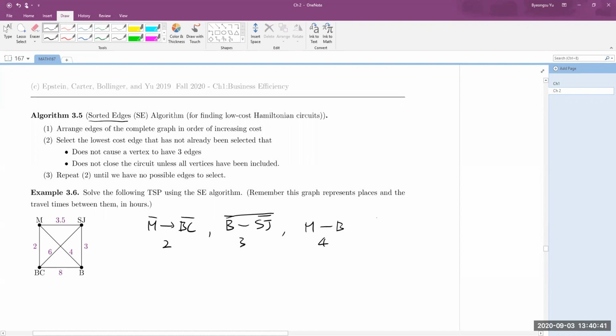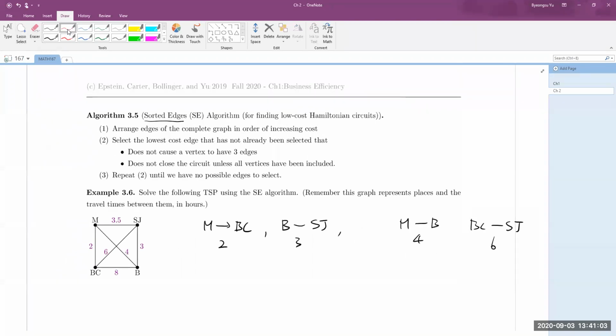And next one is 6 from Veracruz to San Juan. And oh, sorry, I forgot to mention Miami to San Juan, which is 3.5. So it should be definitely shorter than the Miami to Barbados.